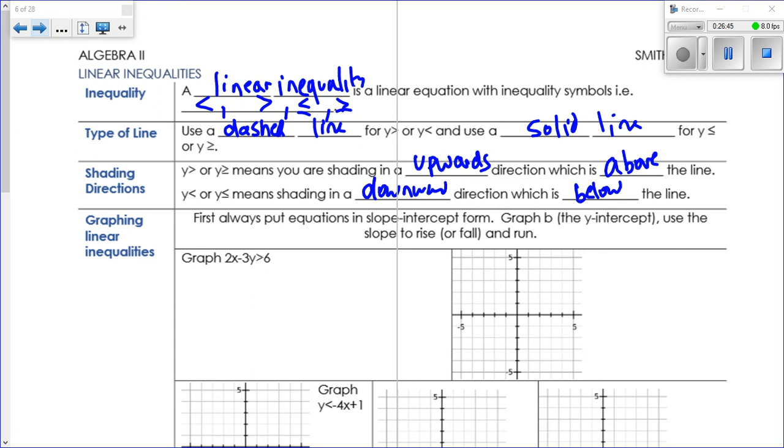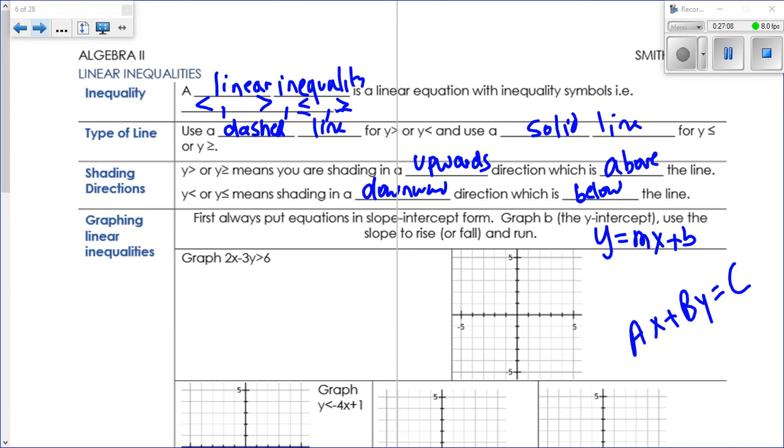Now, when you're graphing linear inequalities, the first thing you always do is put the equations in slope-intercept form. It's a struggle to graph this equation when the x and y terms are on the same side, okay?